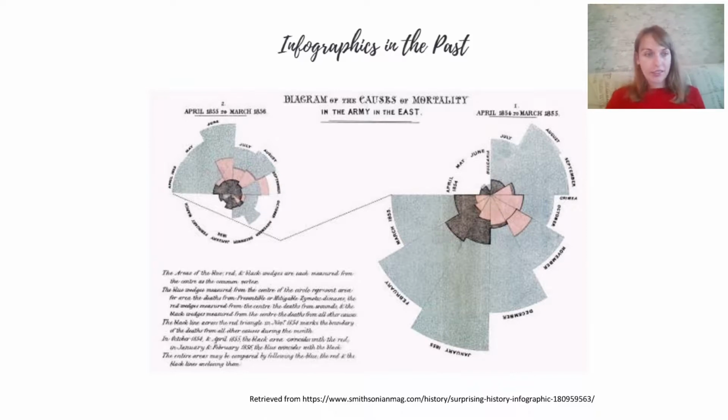If I ask you in which month they had the most casualties, you will have no problem saying that this is January, because this is the biggest segment. You don't need to read the text. You don't need to digest the information.